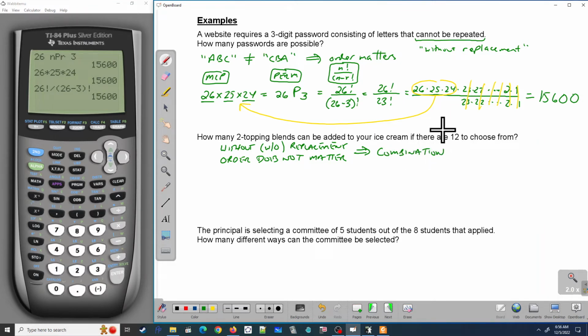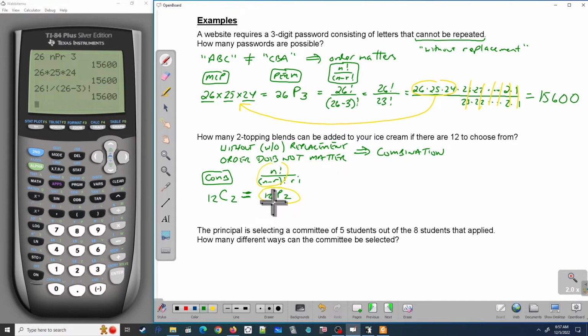So when it comes to combinations, I would expect you to show me the combination way of doing it, which in this case is there were 12 toppings, and it would be 12C2. But I also want you to understand that the formula for combination is n factorial over n minus r factorial, and this part right here is the 12P2.